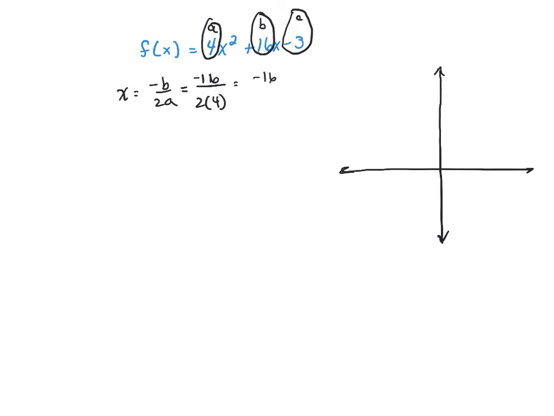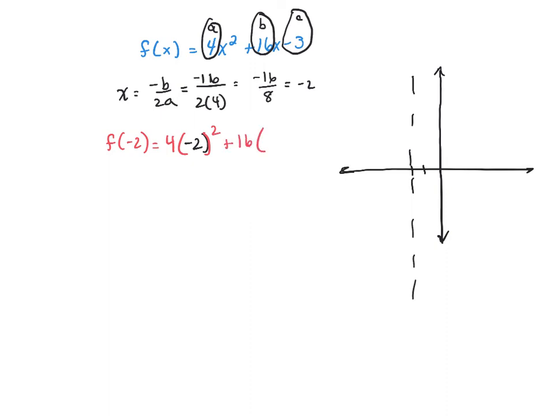So negative 16 over 8, or negative 2. Axis of symmetry, right here. X equals negative 2, piece of cake. Now take that negative 2 and substitute it into the function. 4 times, in place of x we put a negative 2.